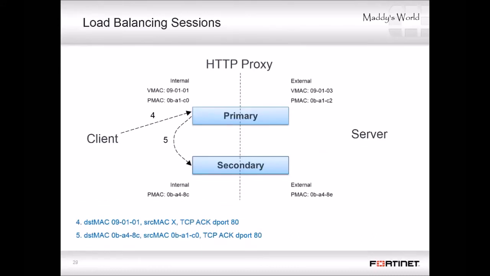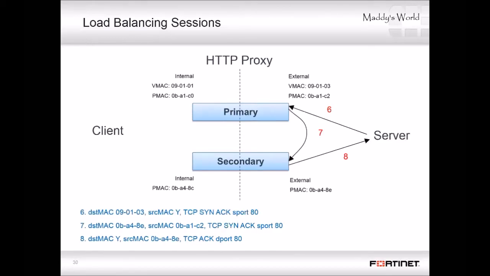It's forwarded again to the primary, who signals the secondary. Finally, the server responds to the TCP SYN sent by the secondary. Again, the packet is sent not to the secondary, but the primary, so the primary signals the secondary.